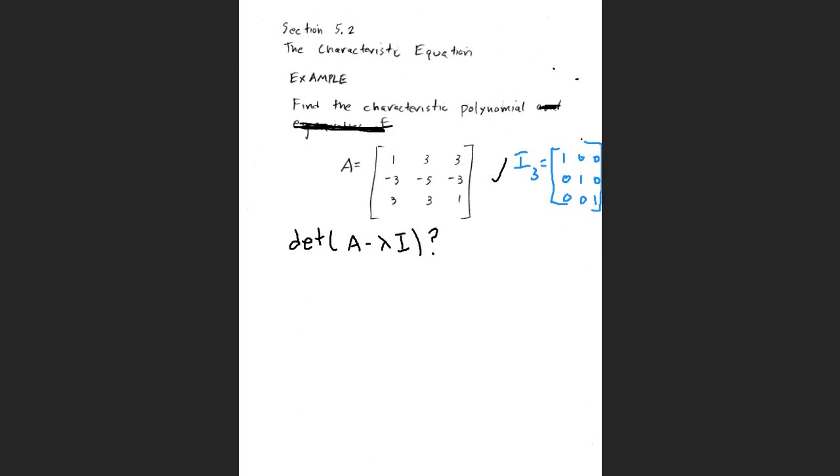Three by three identity, and you're going to multiply that by lambda. So what's the first thing we have to do to get the determinant of this A minus lambda I? What's the first thing we need to do?